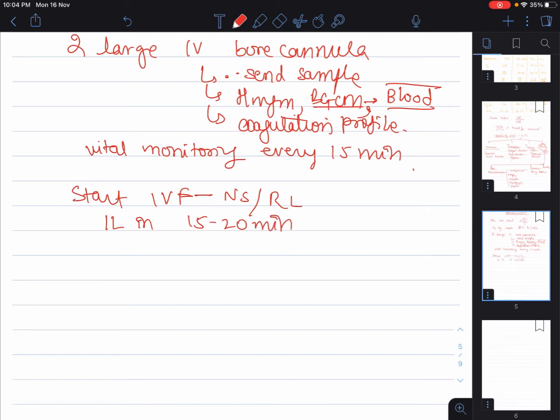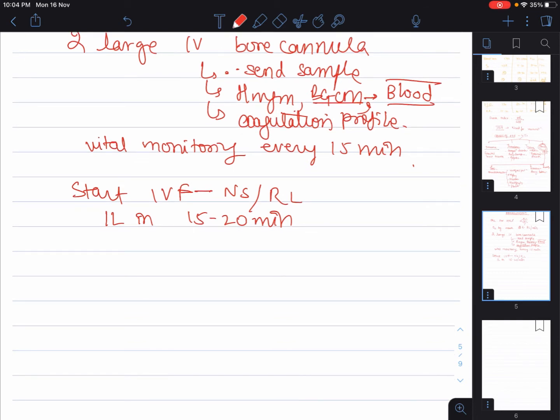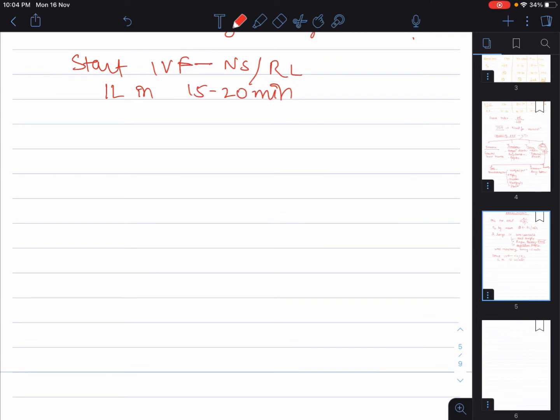NS or RL is crystalloid, and we prefer crystalloid, which is also the RCOG guideline for replacement of blood and blood loss management, that we might discuss in future if that is a topic important enough to discuss in detail.